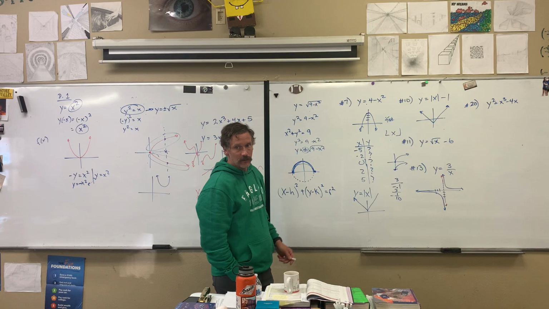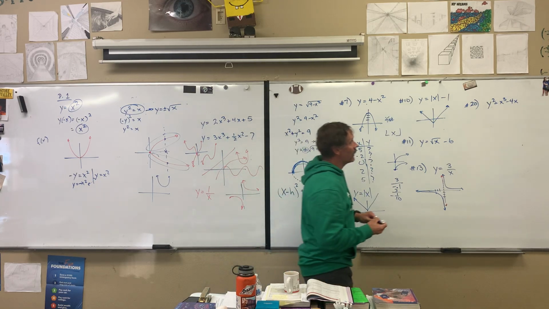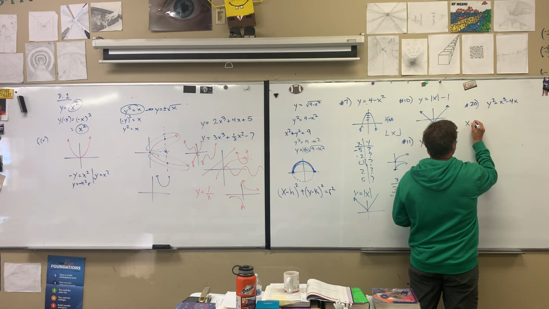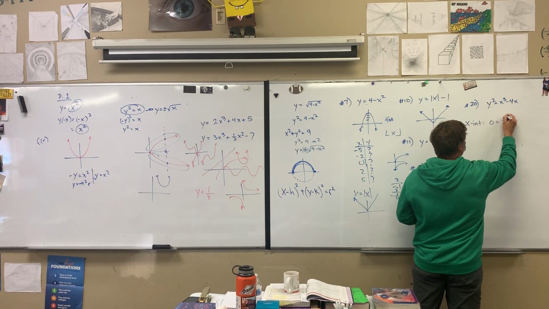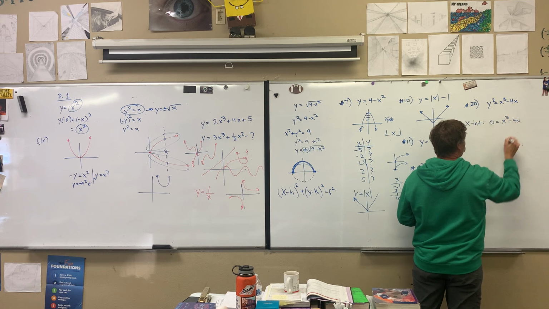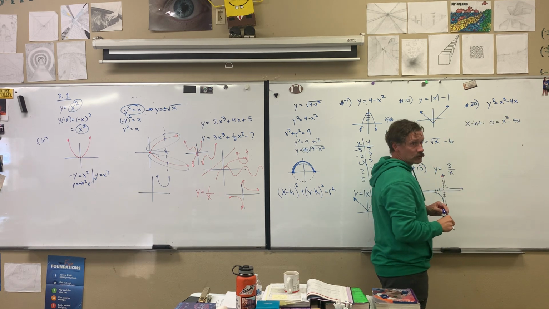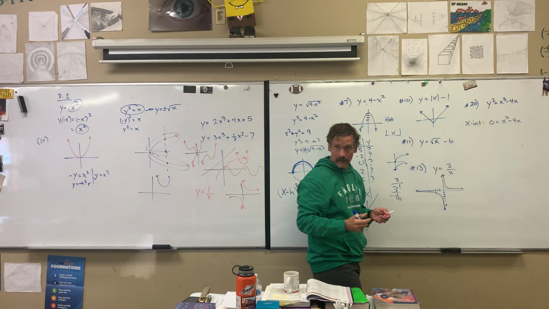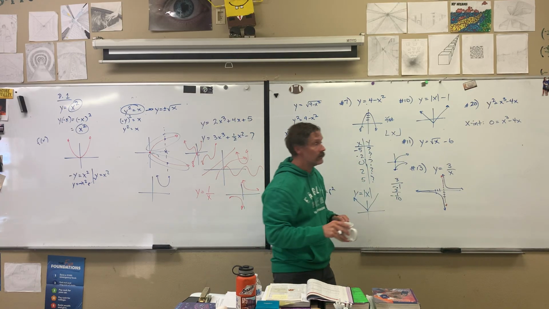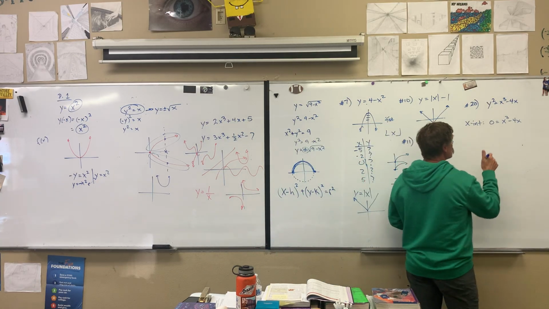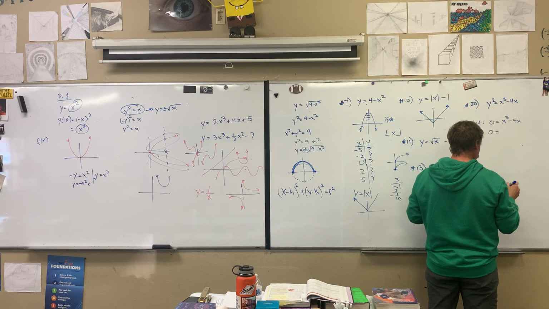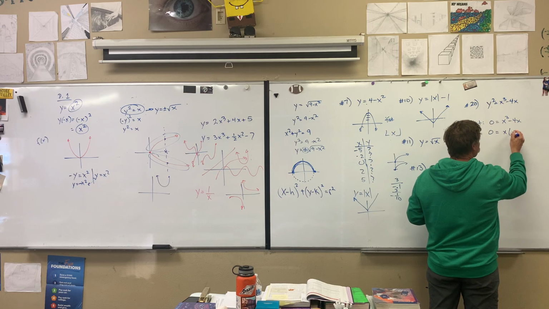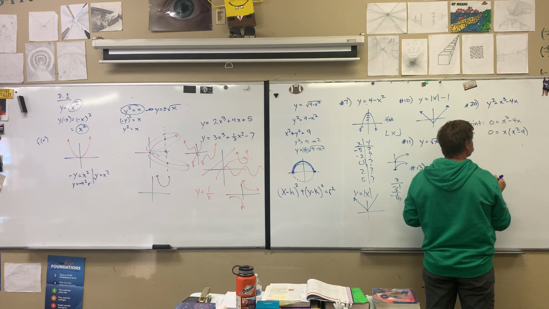Now, when you look at a graph like that, you might wonder, does it have any x-intercepts, any y-intercepts? The way we have to do it algebraically is, let's start with x-intercepts. What do I do if I want to find my x-intercepts? Plug in 0 for y. The expectation on a problem like this is show algebraically how you do it. So how do I find it algebraically? Factor. Yep.